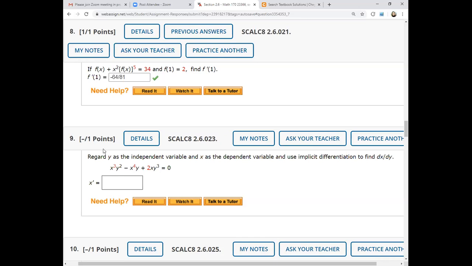Now here, okay, we're going to do the same thing, but they're going to mess with our head, because we have multiple product rules in here. And we're going to reverse the process. So instead of dy dx being our function, we're looking at dx dy.